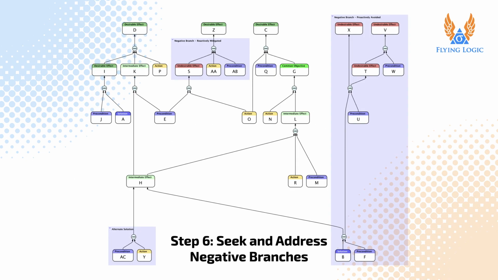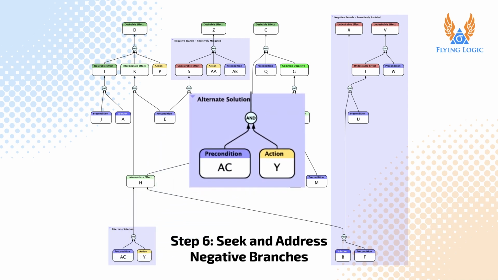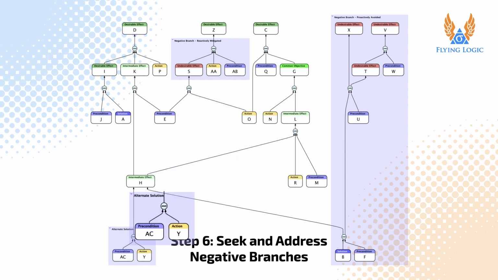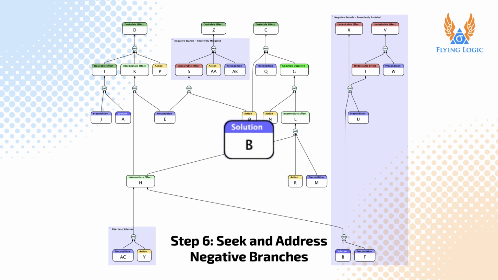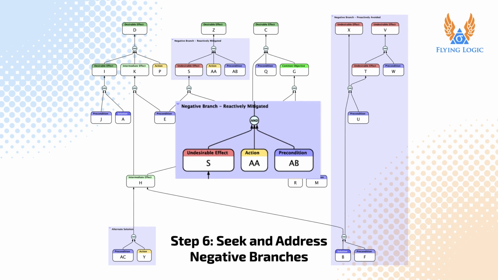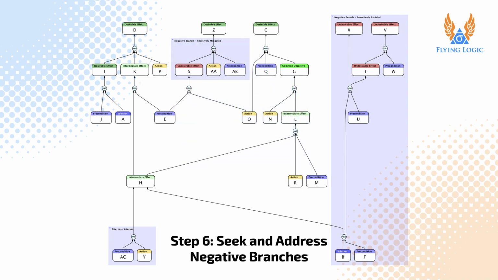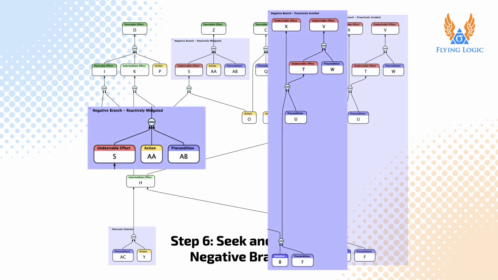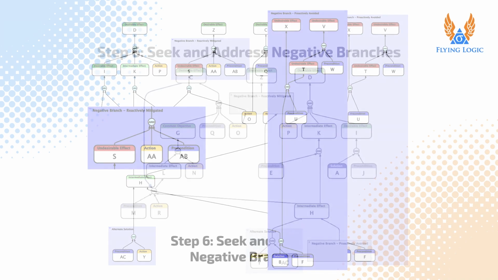In the illustration shown, we deal with one negative branch proactively while discarding one of our original solutions, entity B, and devising an alternative course of action Y. The other negative branch is handled reactively by devising a new action, AA, that mitigates the undesirable effect, S, if and when it occurs. Once a better branch has been created, it is a good idea to keep the record of the entities that participated in the negative branch and keep them in collapsed groups instead of deleting them.